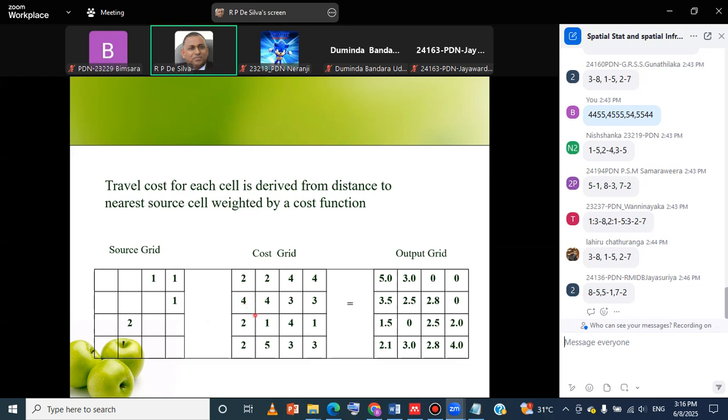From here to here, 2 square root of 2, that is 2.8. From here to here, it is not 0.5, it is 0.7. So 2.8 plus 0.7 is 3.5. If you have any doubts, ask me how it was calculated.